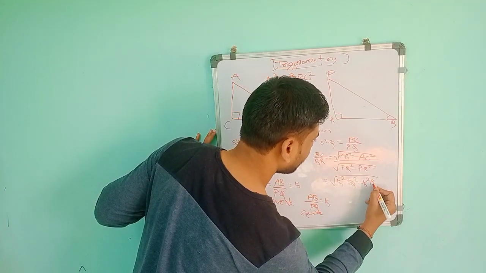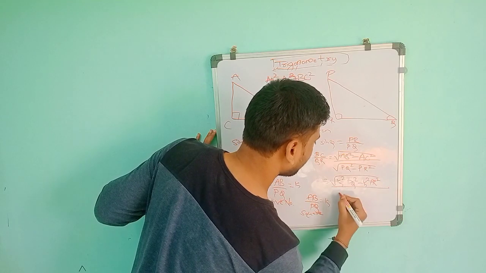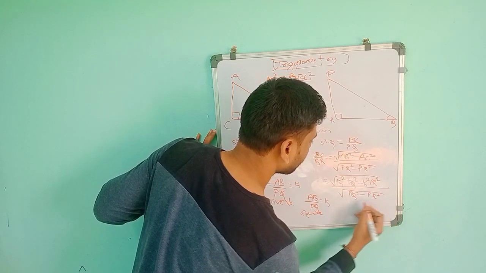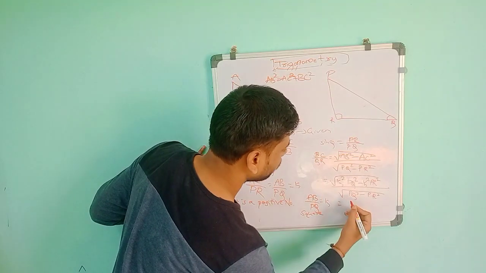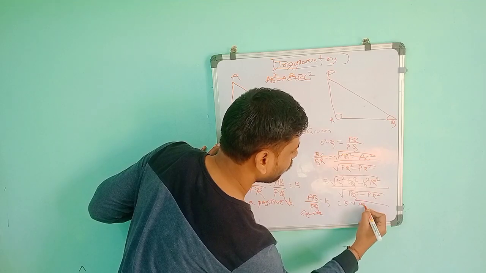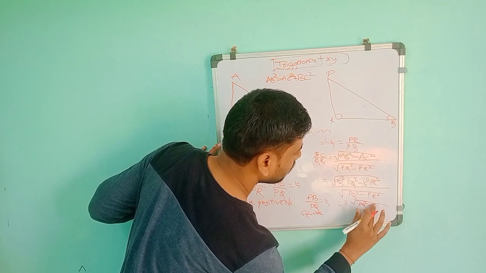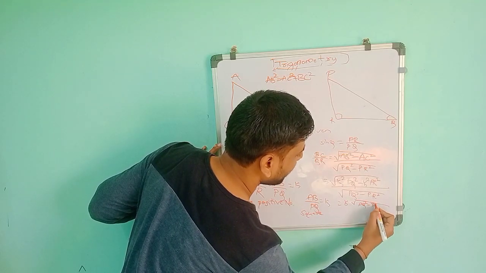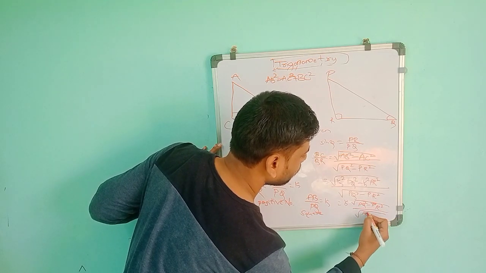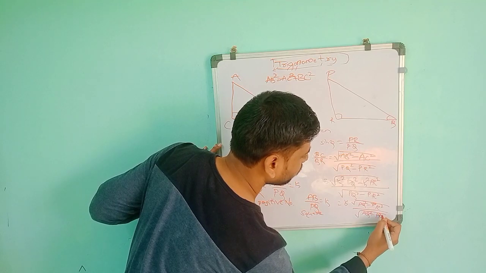Downside is the root of PQ square minus PR square. If we take K square outside, it becomes K, and the remaining is the root of PQ square minus PR square, and the downside also has PQ square minus PR square.